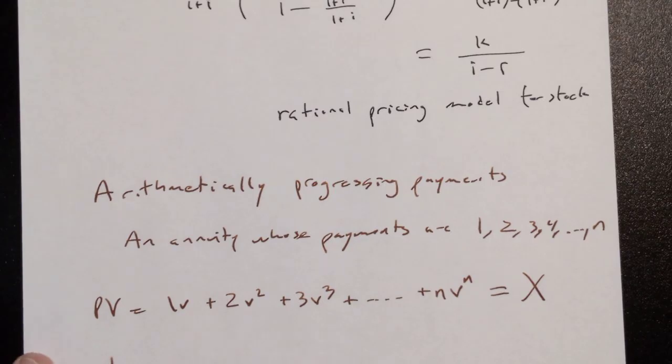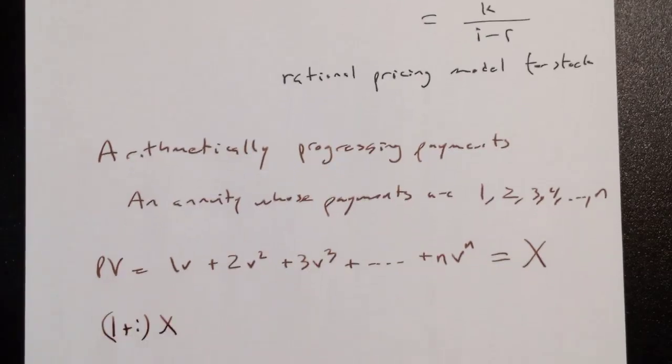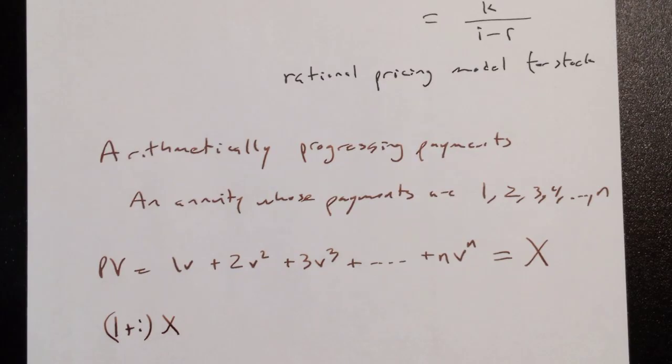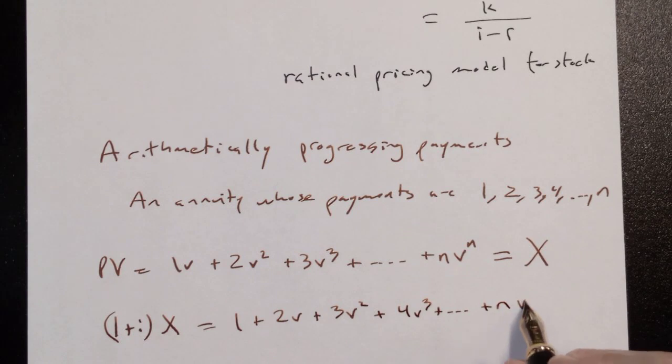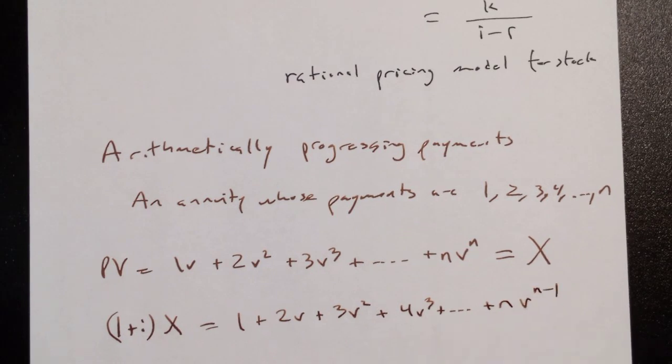What if I do 1 plus i times x? Wait a minute, 1 plus i is the same as 1 over v. So I'm going to divide out a v. That's 1 plus 2v plus 3v squared plus 4v cubed, up to nv to the n minus 1.